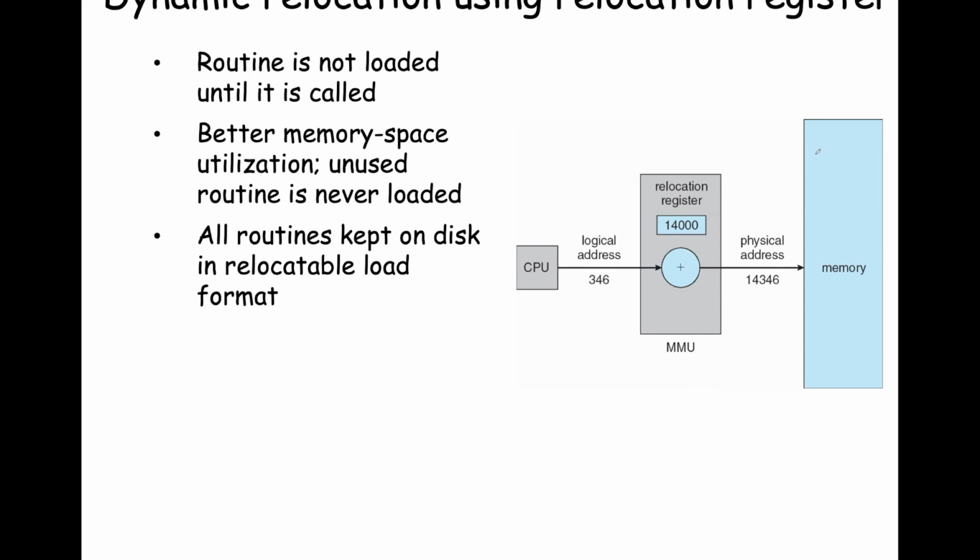So in that particular case, your program was loaded starting at address 14,000, and now instruction number 346 in that program is mapped to address 14,346. So the 14,000 is the relocation register. And all of that is done by the memory management unit. Sometimes it's called the memory controller.